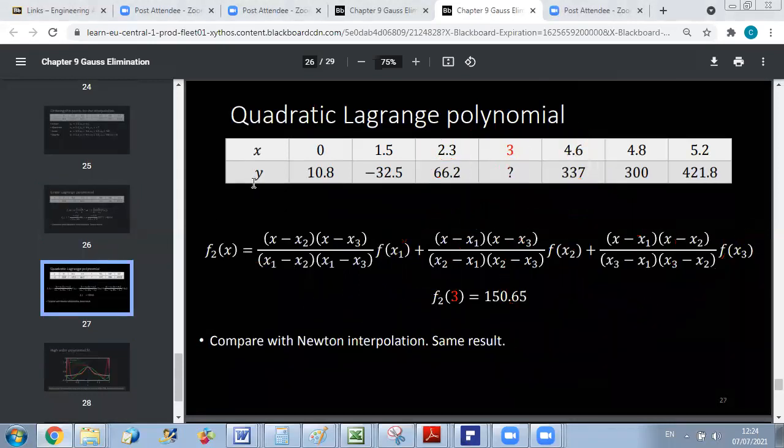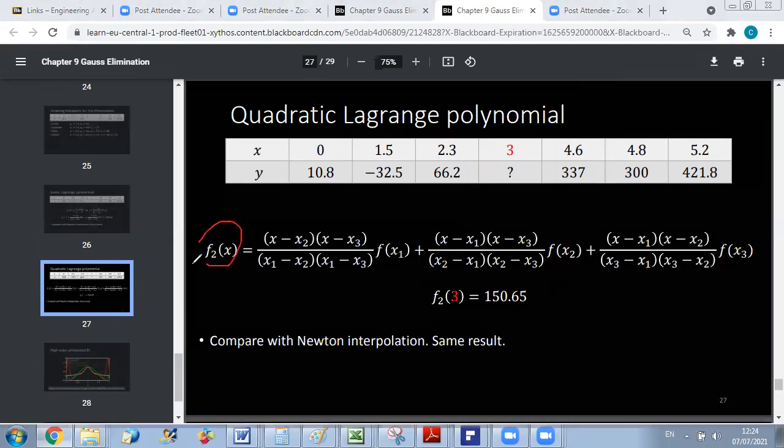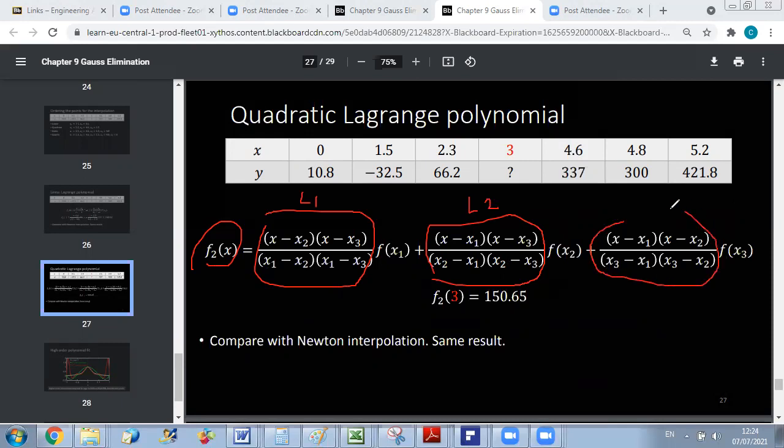Now, if I'm using the quadratic Lagrange polynomial, then I will have the following. f2 of x is equal to, so now this is L1. L1 is x minus x2 times x minus x3 over x1 minus x2 times x1 minus x3. This is L2 and this is L3. So here again, I have everything.